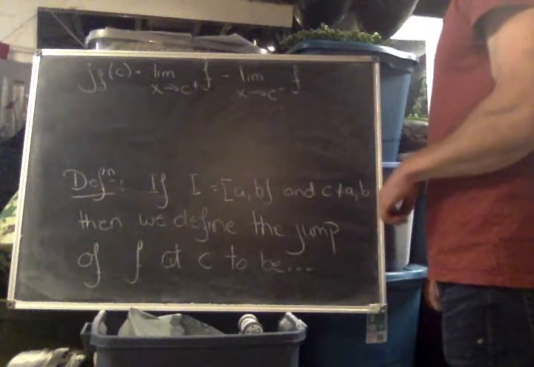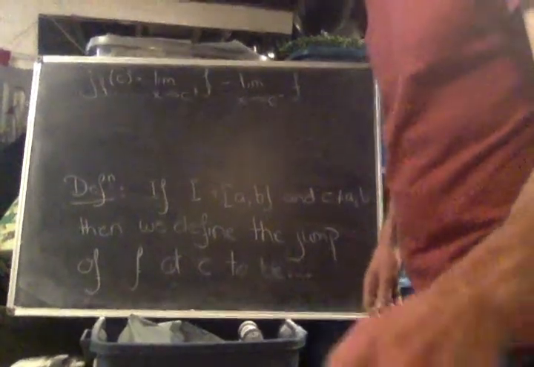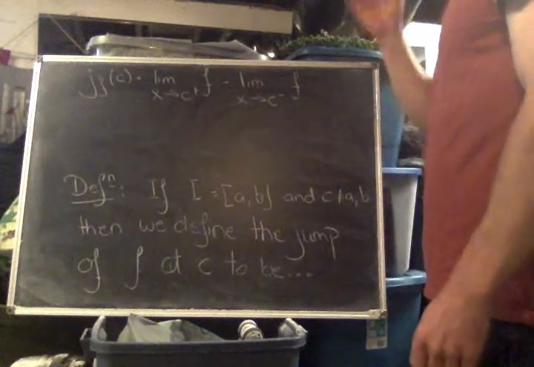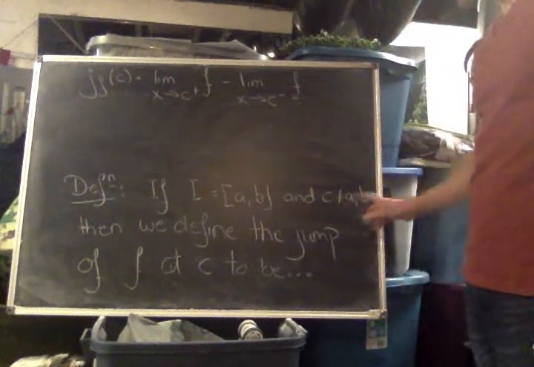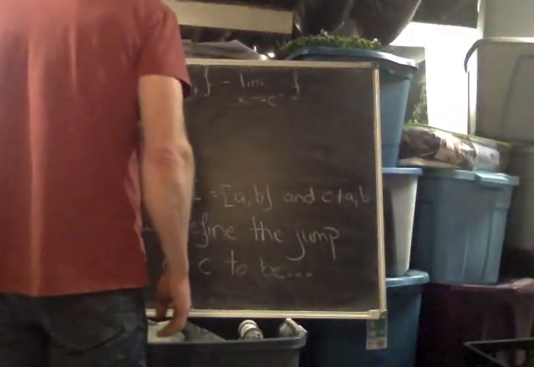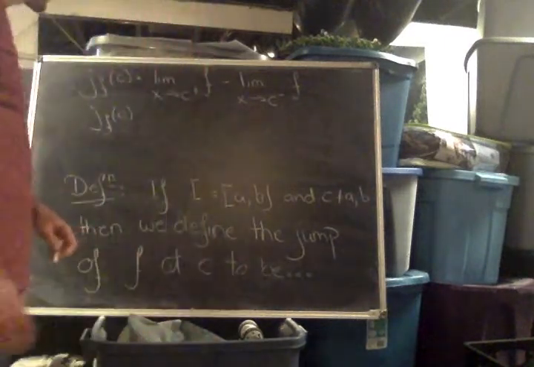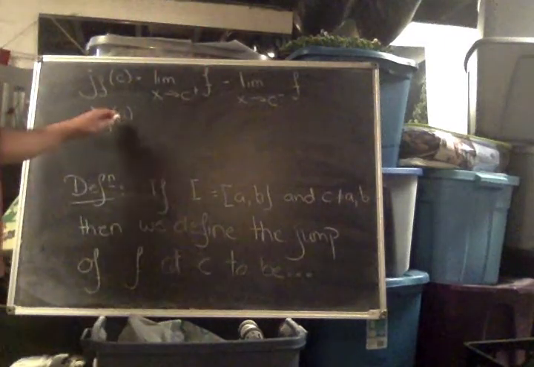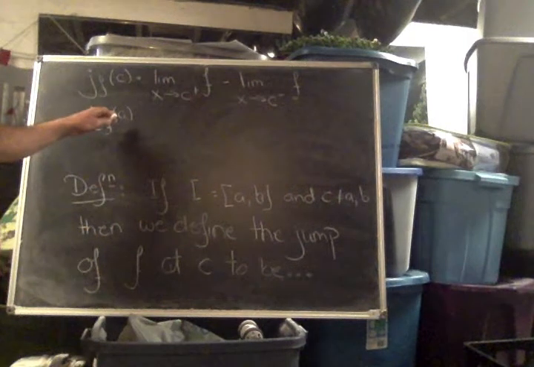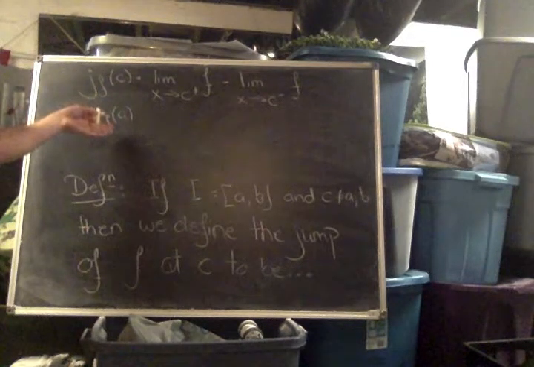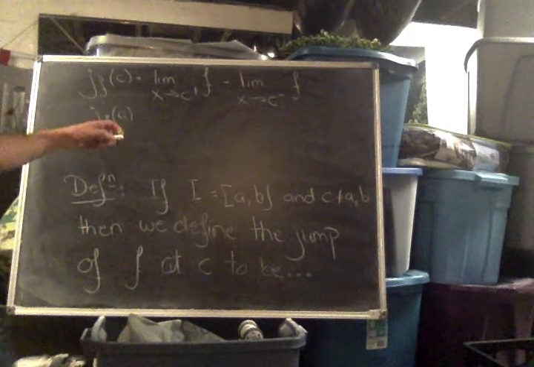In the event that C instead is equal to one of A or B, then we can make separate definitions, which makes sense. So the jump at A: you're at the left-hand endpoint of this interval, so there is no limit from the left. All there is is f of A. But there is a limit from the right.